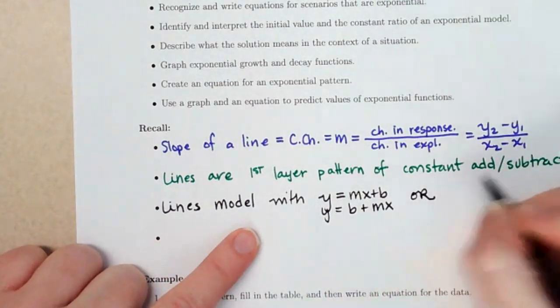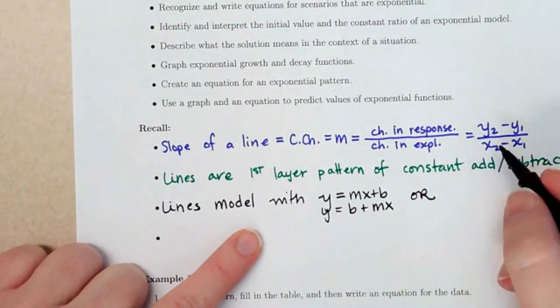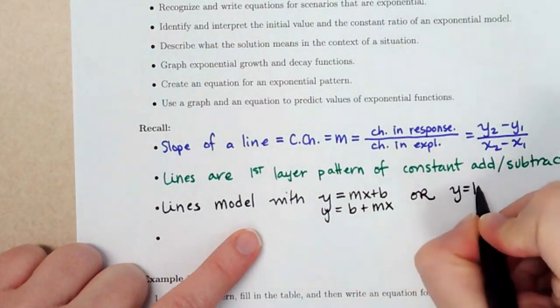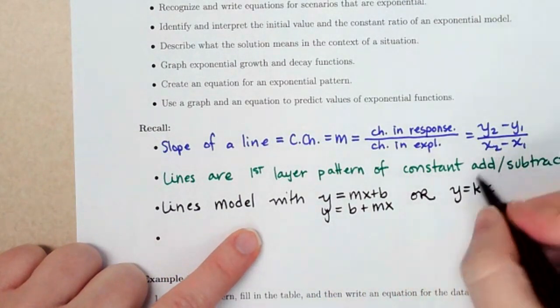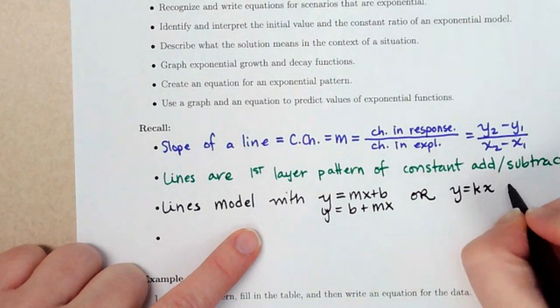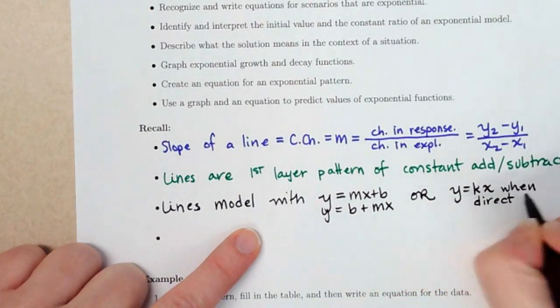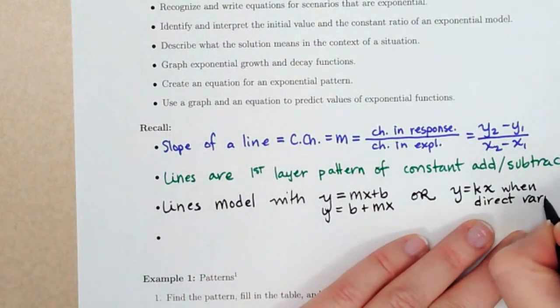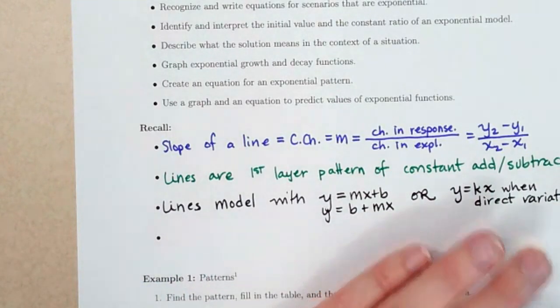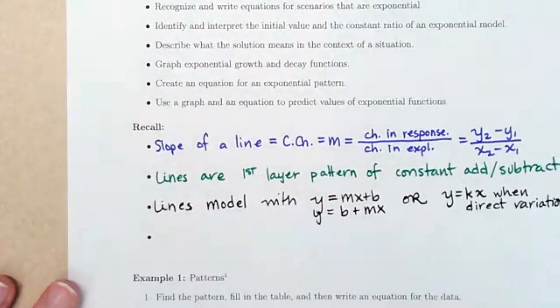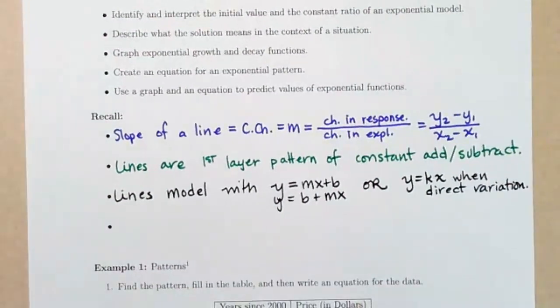Or, right, we had a very specific case of y equals kx for direct variation. So when that initial was 0, when b was 0.